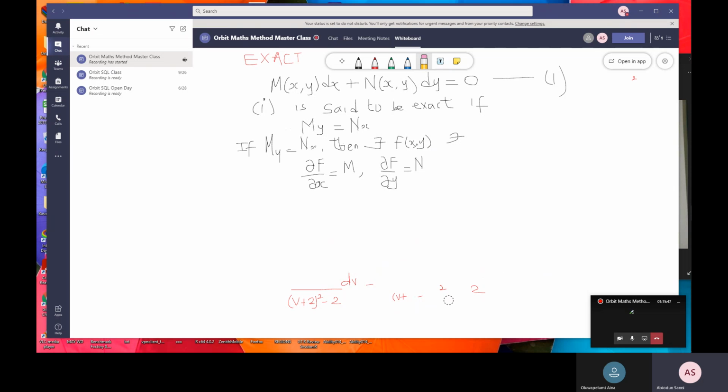Then if I have this scenario, I can say if this holds, then that implies that our f is going to be the integral of M of x comma y dx plus a function of y, say phi of y, because if I'm integrating with respect to x, since M is a function of x and y, there's going to be a constant function which is going to be a function of y.